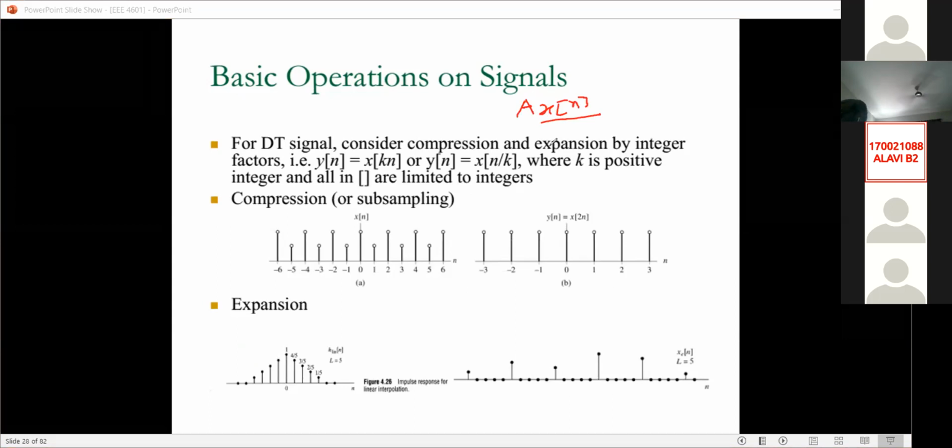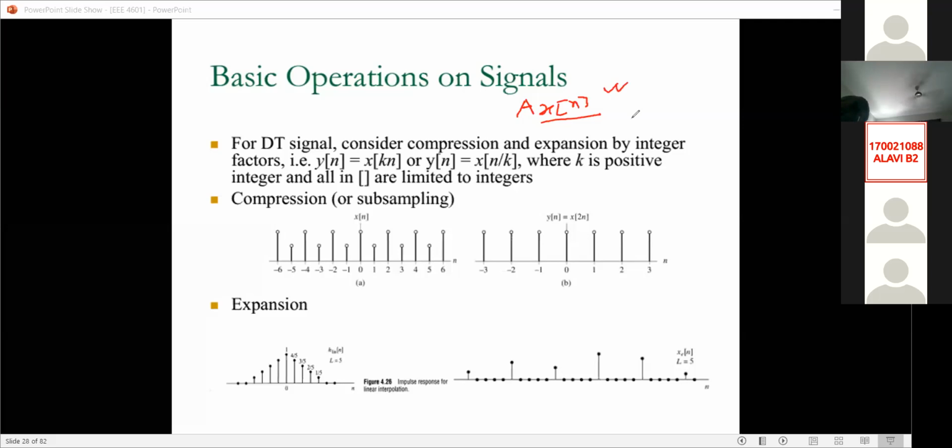That will simply increase or decrease the length of the stem. It will not change the value of n. That is an operation on the dependent variable. If we want to operate on the independent variable, we make a signal y[n] equal to x[kn]. That means the samples are multiplied by k. Your n must be an integer, and k should also be an integer.